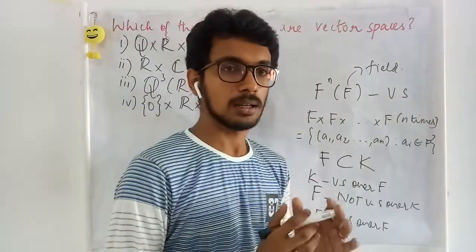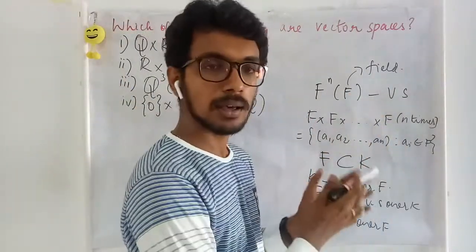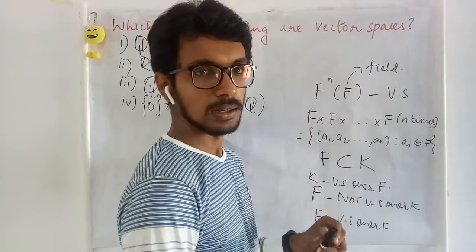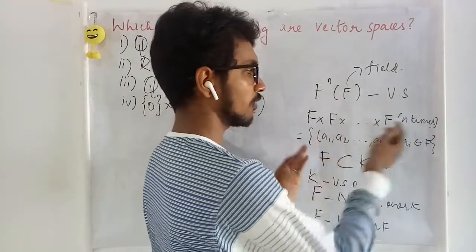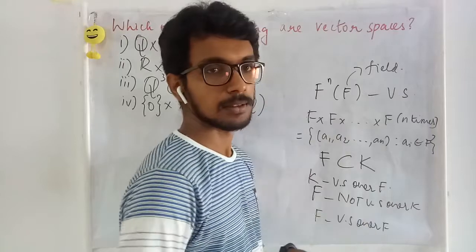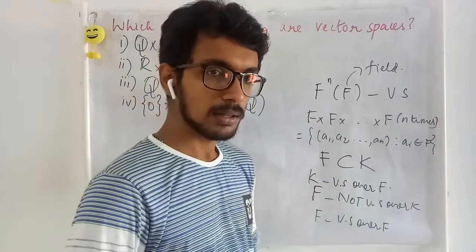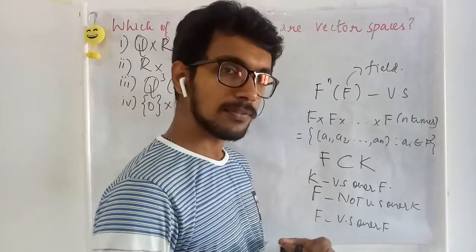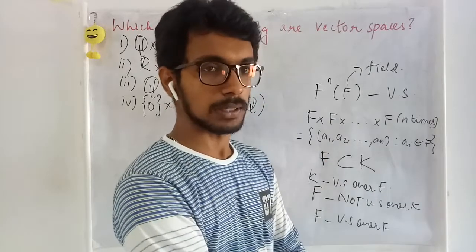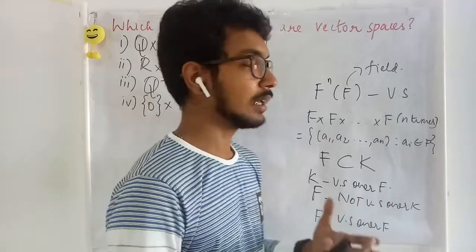Now, in this idea, what they have given is that if we have a field, with the help of the field we can form a vector space like this. If we take a subfield of a field, over the subfield the field will form a vector space. These things we have seen.